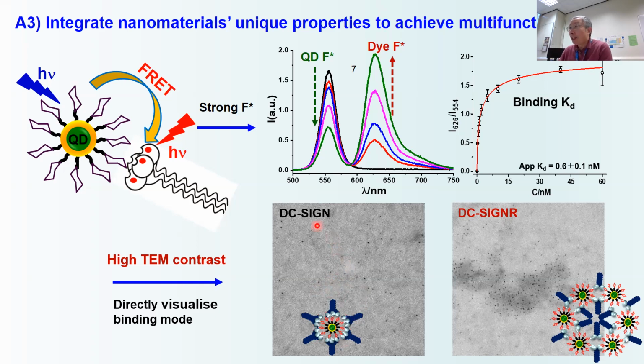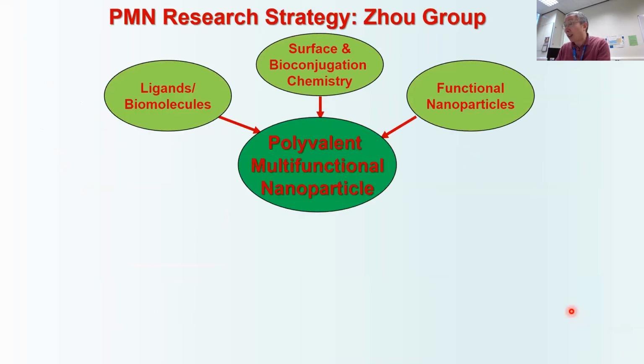For example, in this case, binding to this protein causes individual dots, while binding to a different sugar binding protein does cause the quantum dots to aggregate. So we can use them to derive the binding mode of each individual protein as well. These can be quite important for those applications.